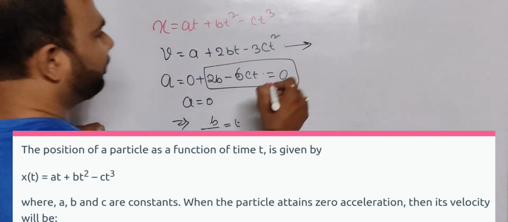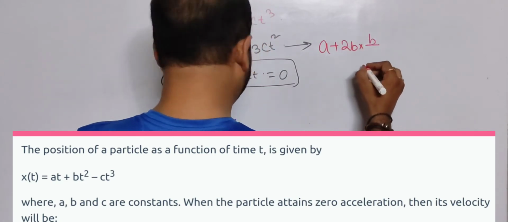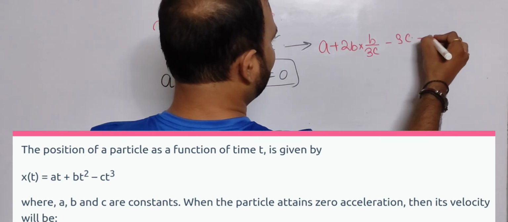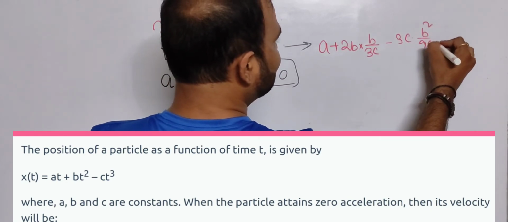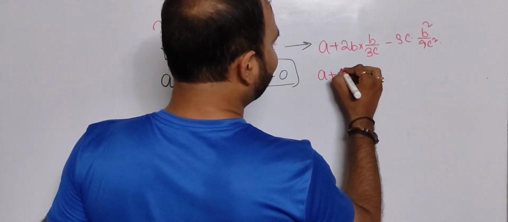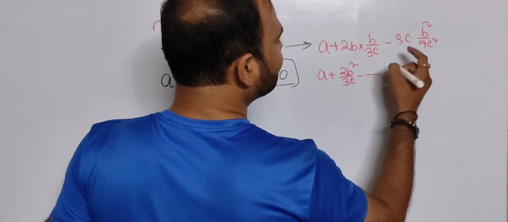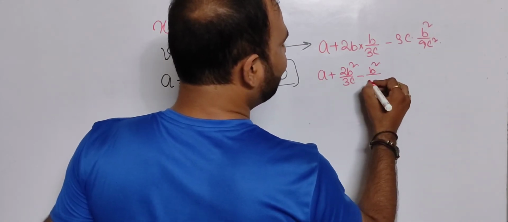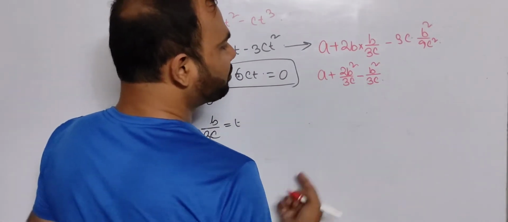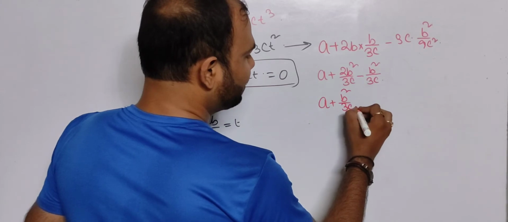v equal to a plus 2b into b by 3c minus 3c into b square by 9c square. 3c cancels out. a plus 2b square by 3c minus b square by 3c, so 2b square by 3c minus b square by 3c will give a plus b square by 3c.